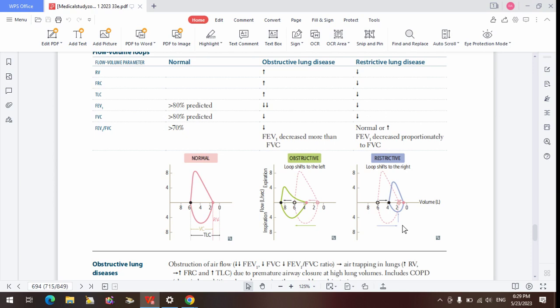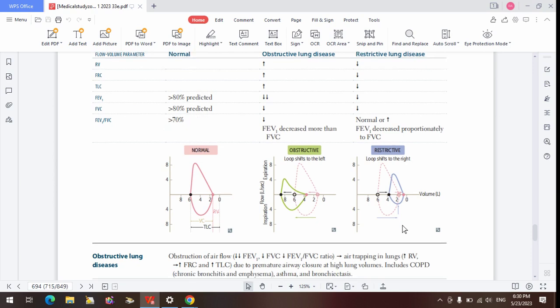That's why this one is not slow, it does not have that slope. There's no resistance anywhere. It just doesn't accommodate much volume. So the primary problem in restrictive is that the air coming in is low, and that's why you are expiring the same low volume. That is it. So you have to pay attention to the shifting too. I know you guys will be able to figure that out now.